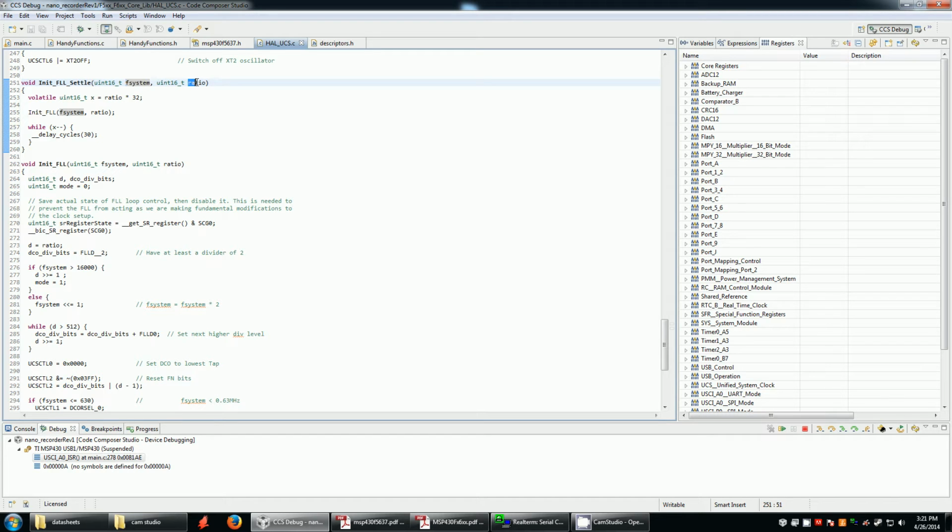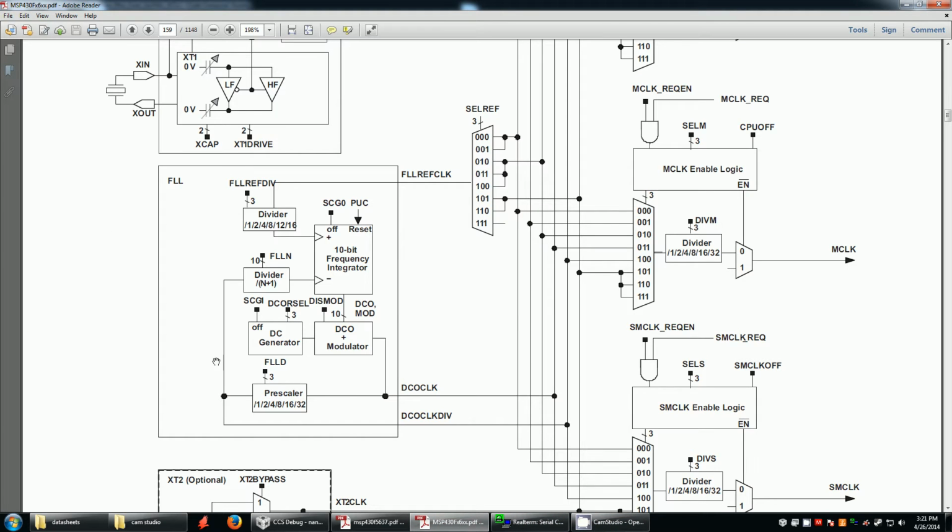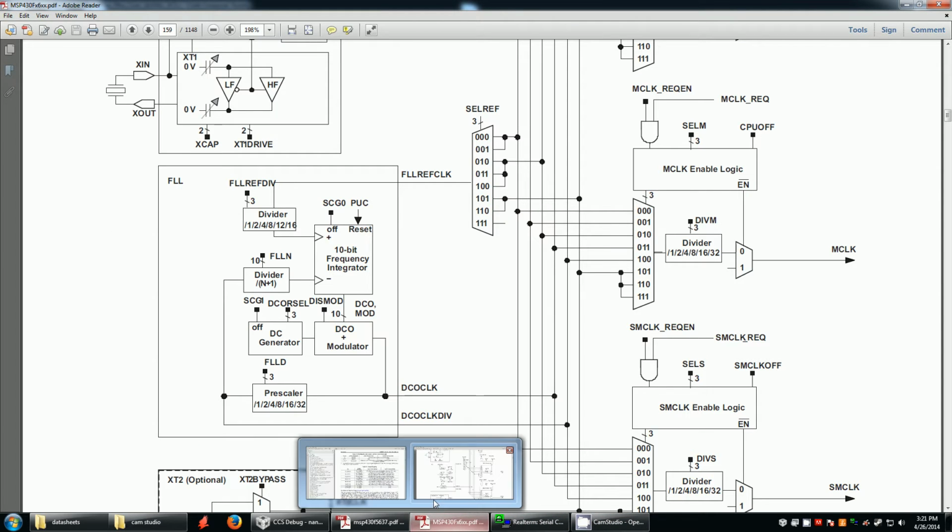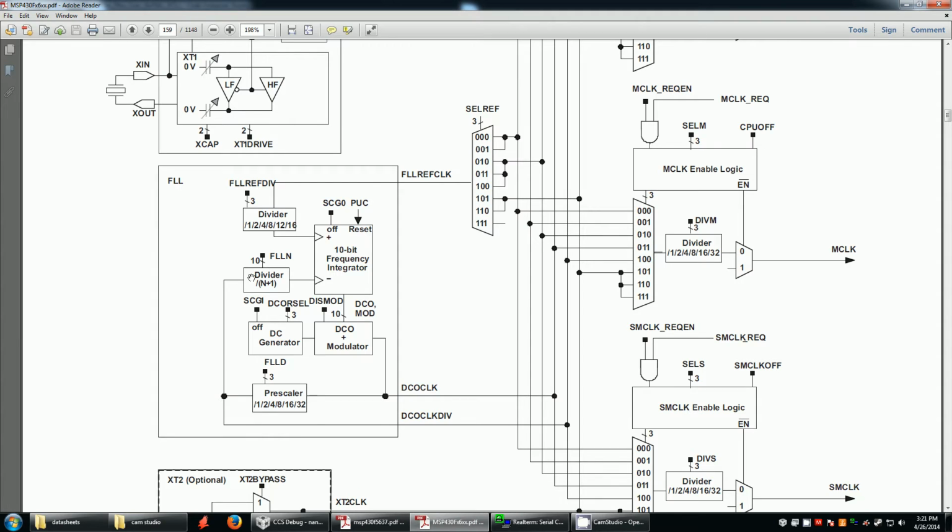And then your ratio represents this divider and this divider. And if you think about it, if this divider has to be more than 512, then you basically overflow into FLLD, which will divide this signal by 2, and now you go back and see what you need to set this to even out your signal.